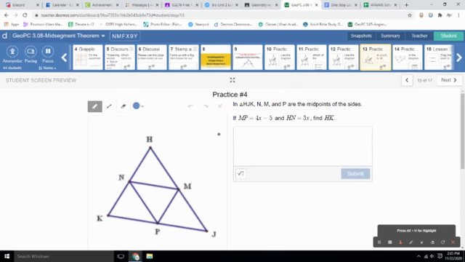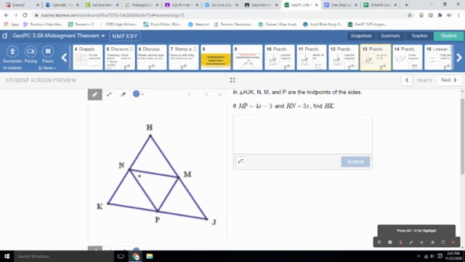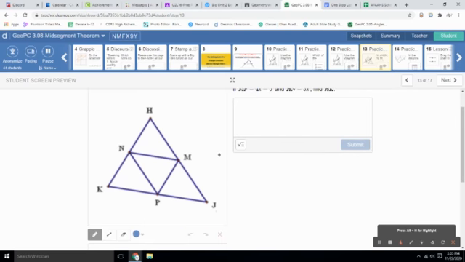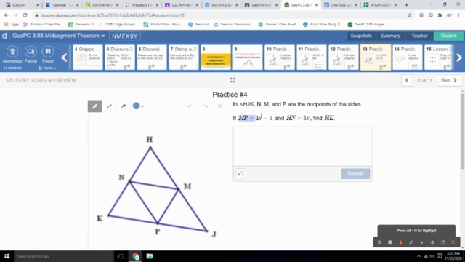Let's jump into another one. Practice 4. Very familiar triangle. Make sure that you pay keen attention to this. And this one has a little bit more work involved since it does require you to use your concepts from Algebra 1 or 2. So in triangle HJK, N, M, and P are the midpoints of the sides.